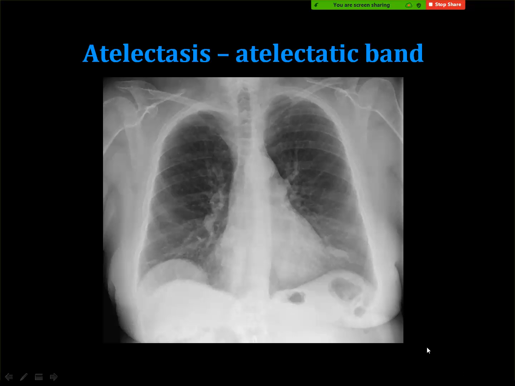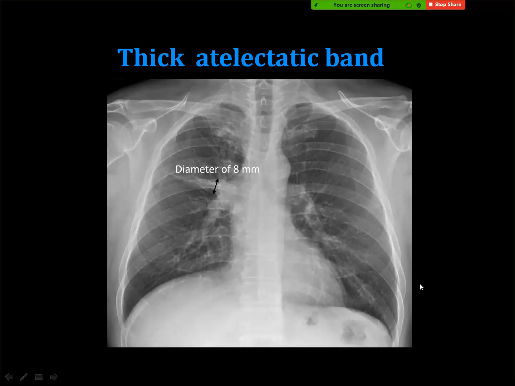Okay, what is the difference between collapse and atelectasis? Atelectasis is part of a lung or part of a lobe, and atelectasis is just a scar within the lung parenchyma, and the atelectatic band may be thin or thick like this.